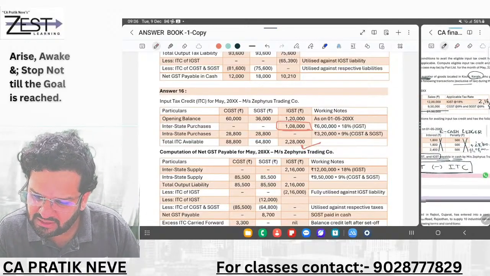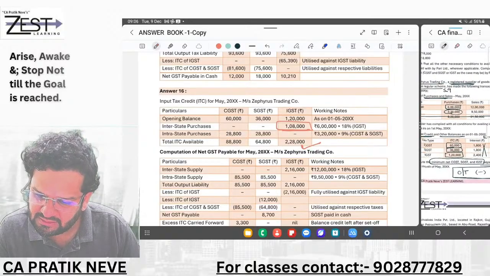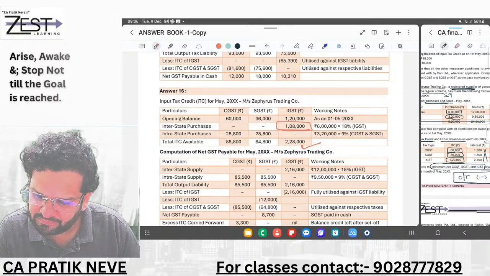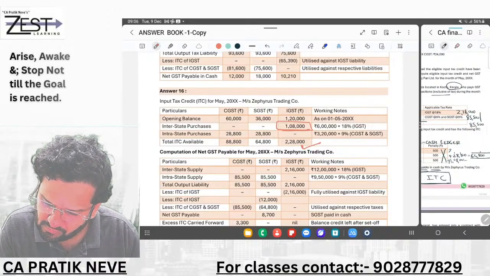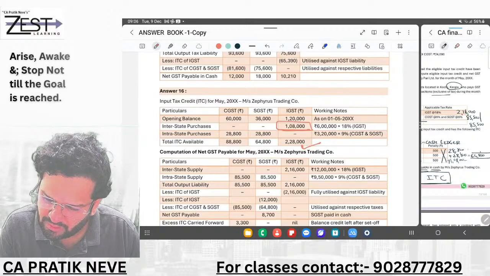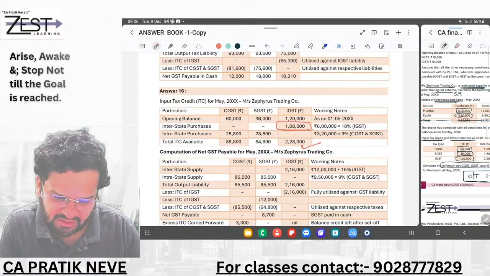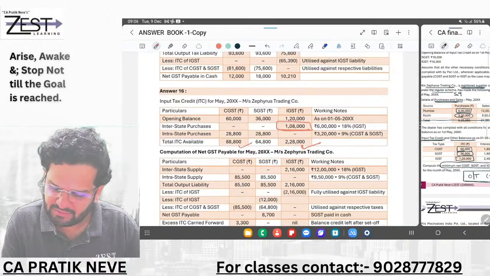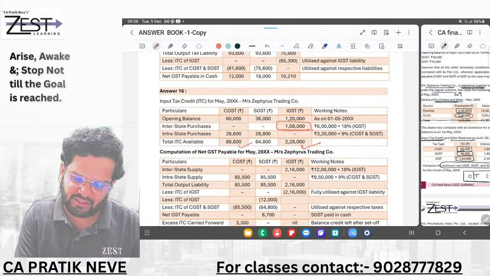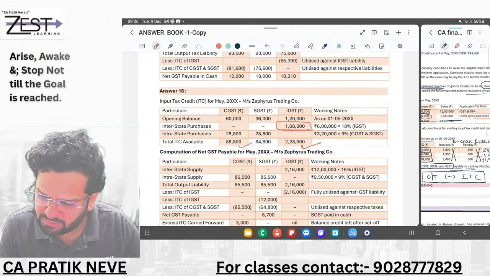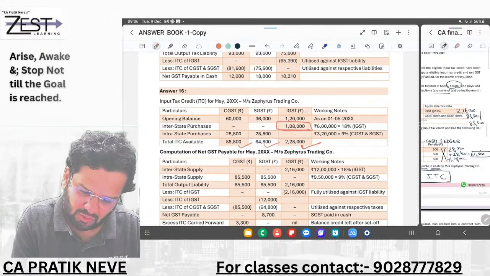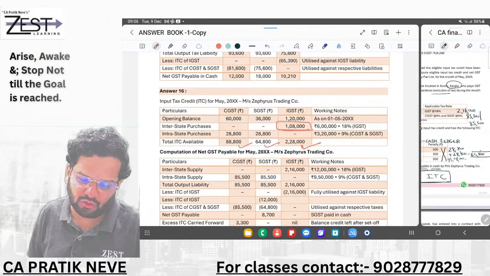ITC of CGST was 28,800 for the month. So 28,800 plus opening 60, so 88,800. And SGST opening was 36. 36 plus, yes, 28,800, 64,800.